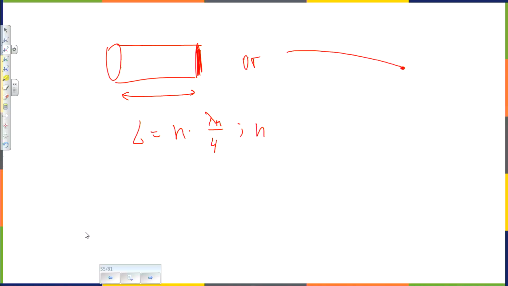But this number must be odd: 1, 3, 5, 7, etc. And of course, speed again equals frequency number n times wavelength number n, and we can calculate the frequency if we want to. The frequency number n equals speed divided by the wavelength number n.